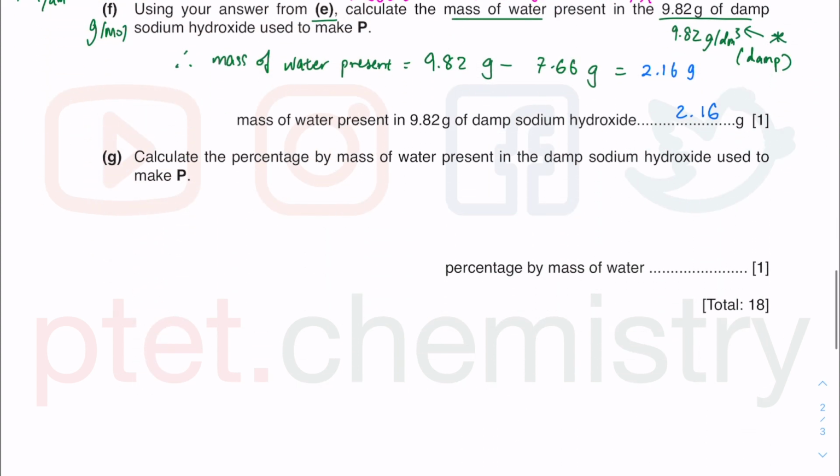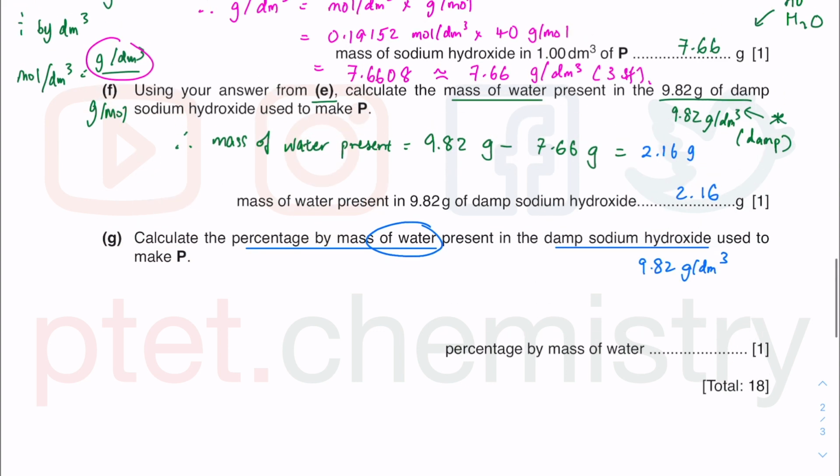Now the very last bit of these questions, what is the percentage by mass of water? This is by mass of water in the damp sodium hydroxide. So the damp sodium hydroxide is 9.82 gram per dm cube. Out of that dm cube, 2.16 gram is water, from the previous bit of the question.